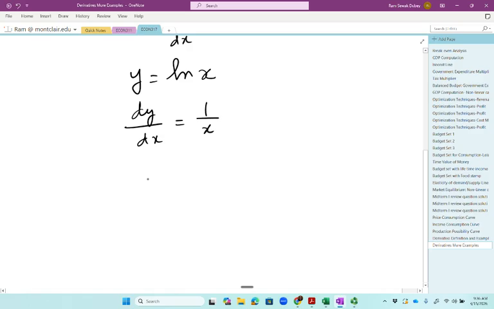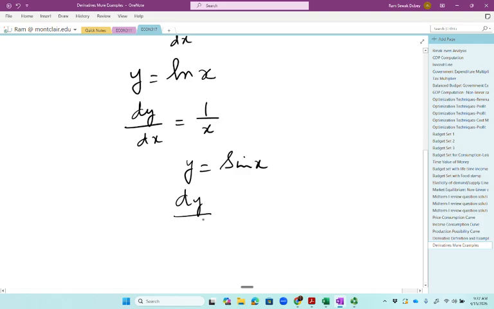We also have the trigonometric functions, even though we may not be using them a lot in economics courses, but it is good to know the derivative of at least two trigonometric functions. I will go over the derivative for sine of x.